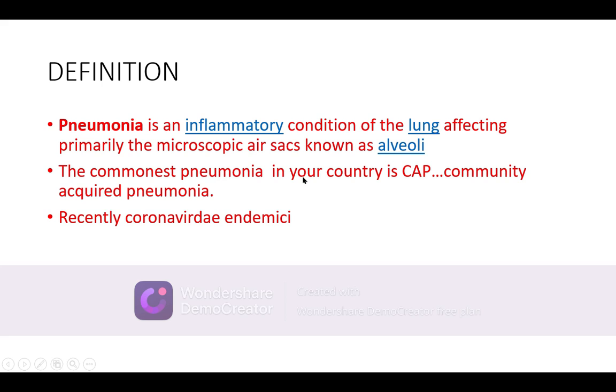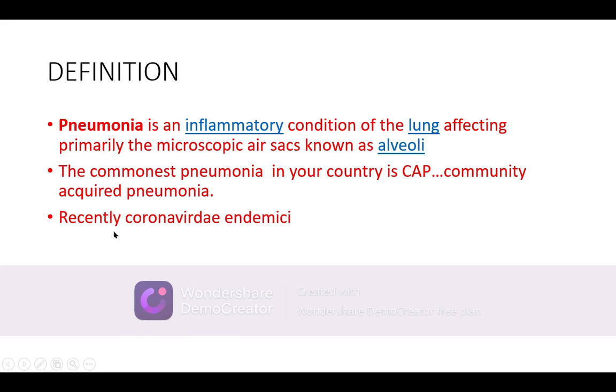Etiologically, the commonest pneumonia in our country is community acquired. It is caused by Streptococcus pneumoniae, but it may be caused by other bacteria, Mycoplasma pneumoniae, Klebsiella pneumoniae, etc. But the commonest one, in 90% of cases, is Streptococcus pneumoniae.